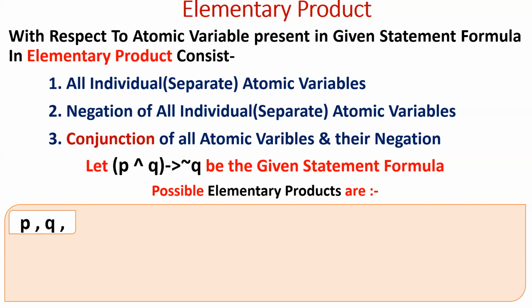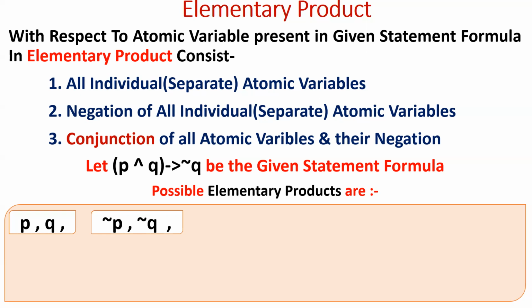Second rule is, if a single atomic variable is standing alone, then their single negation: negation P comma negation Q are part of your elementary product. So P, Q, negation P, negation Q all come under elementary product.